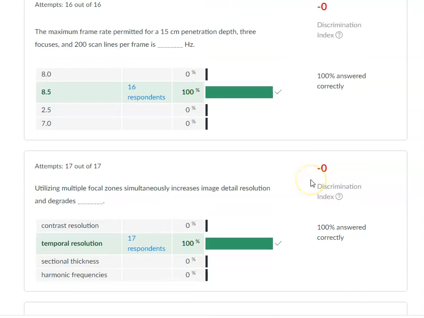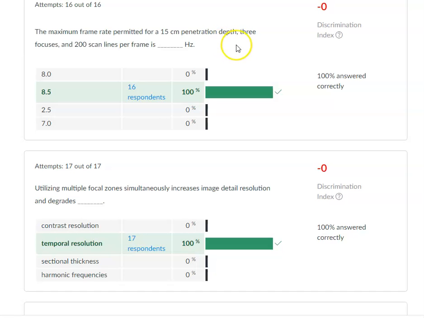The maximum frame rate permitted for a 15 centimeter penetration depth, 3 focuses, 200 scan lines per frame is blank hertz. You calculate the time it requires to go 15 centimeters deep, which is 13 microseconds per centimeter, so 13 microseconds times 15 centimeters.